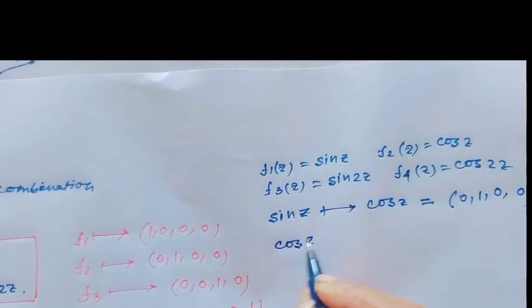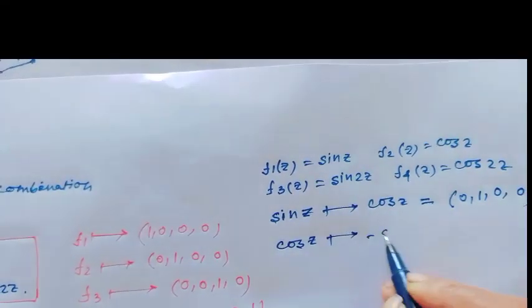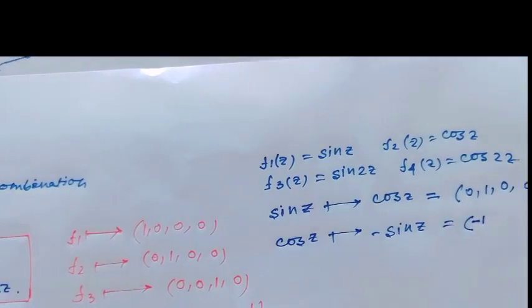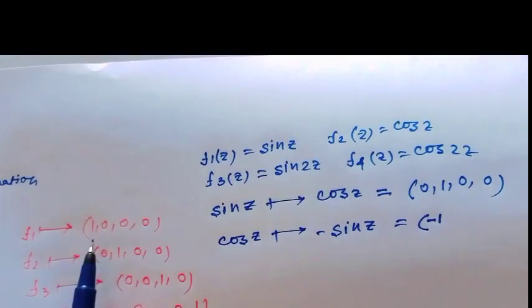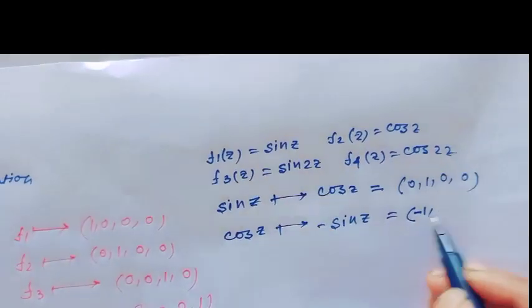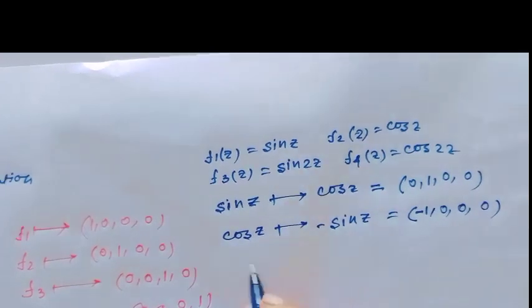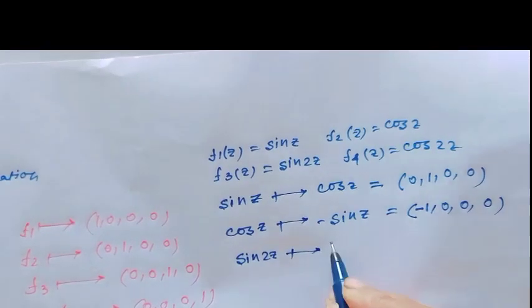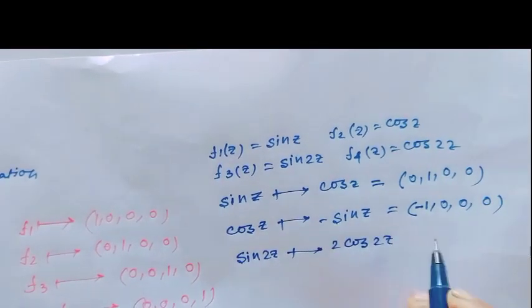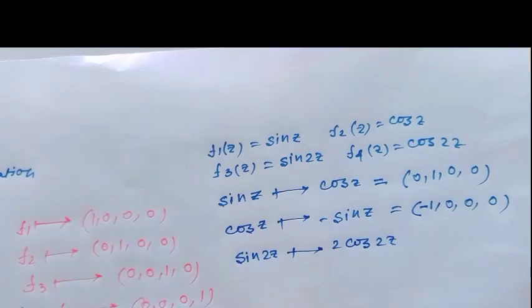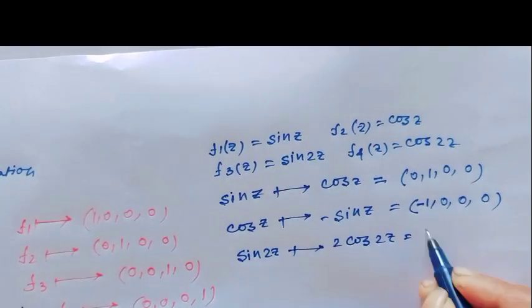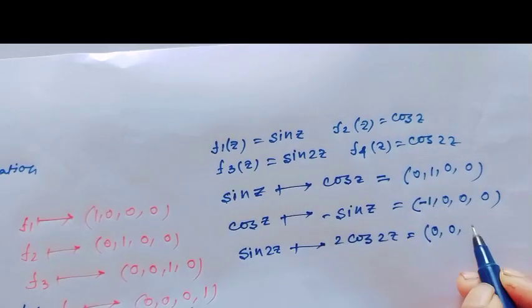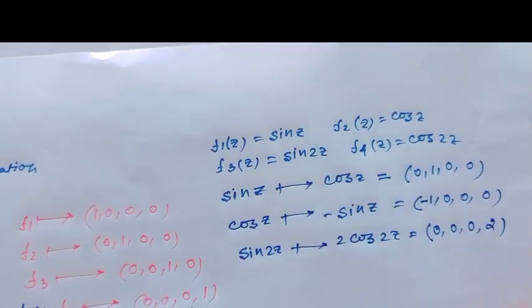Cos z corresponds to minus sin z, which is minus 1 0 0 0. Then sin 2z corresponds to 2 cos 2z, that is 0 0 0 2.